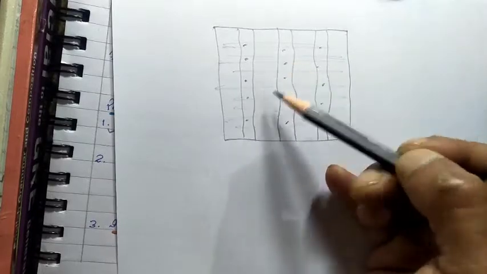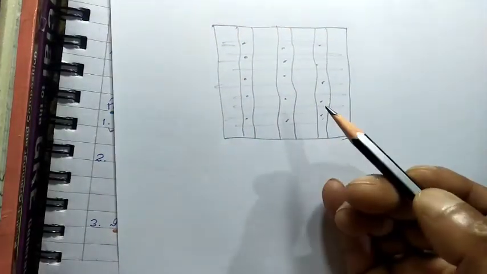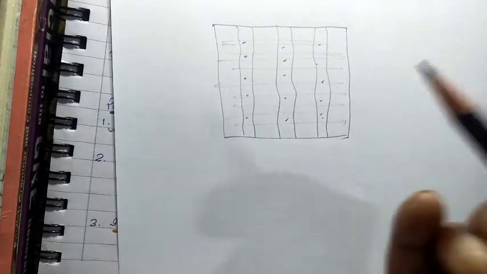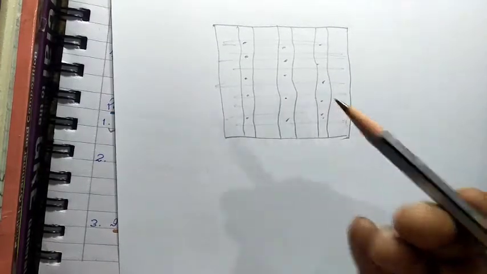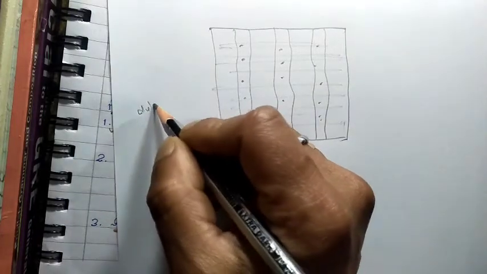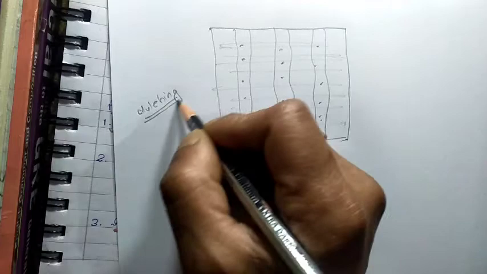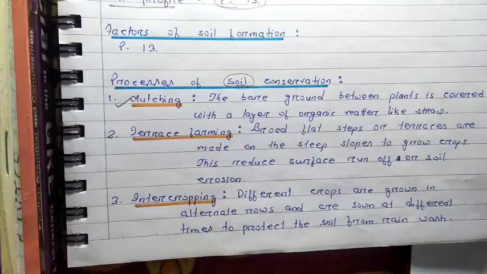Even these organic materials will retain moisture and keep the soil wet, and also when they decompose or get mixed up with the soil, the fertility of the soil will be increased. So we can see mulching is one very important method to conserve the soil.